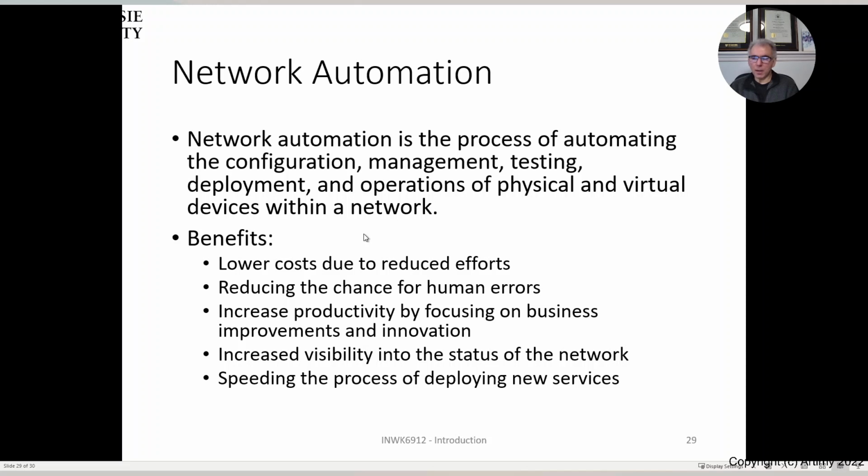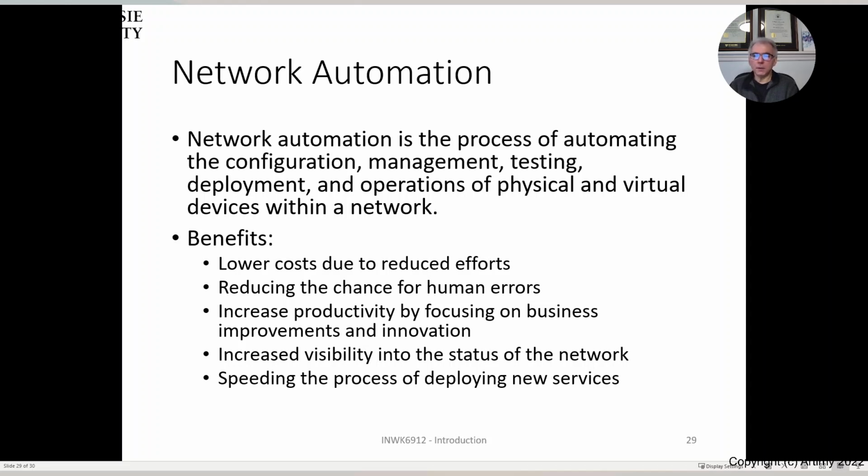Network automation in general, whether it's SDN or IBN or any of the other tools, helps in network management, and that's why we are talking about it today. It lowers the cost.